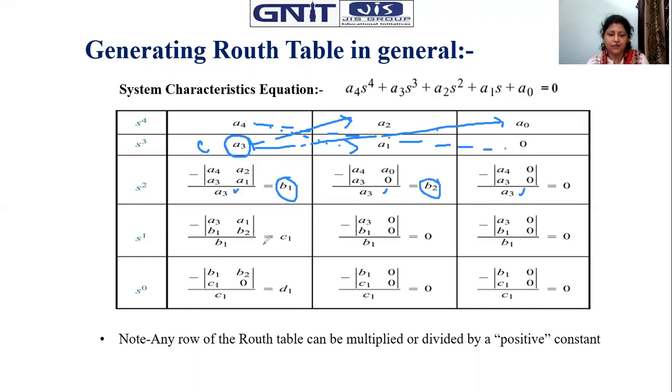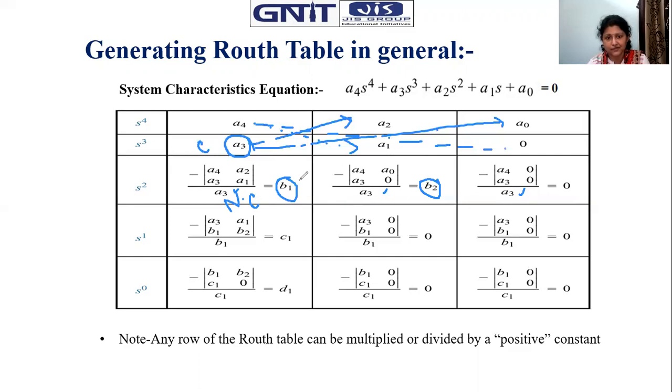Similarly, for S1, what are the cofactors? How could you find? As same as the previous, we will start with that column, just before S to the power 1. So we are getting here B1. So the new center point is B1 now. What is the cross factor?